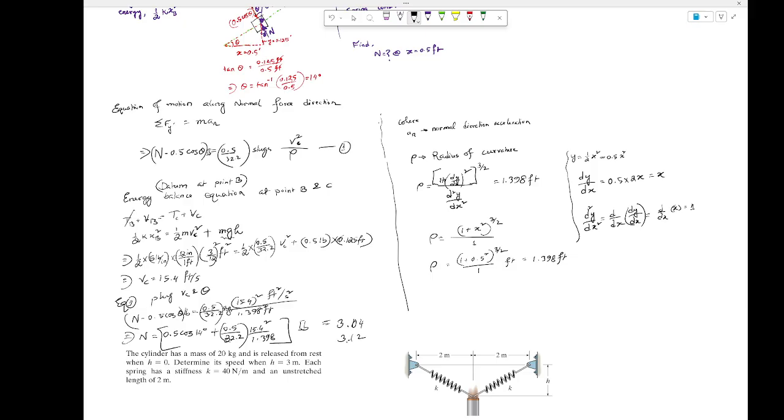Anybody else? I got 2.11. 2.11 is not correct. It should be that one. Anything else? I got 3.1. 3.12. That sounds correct to me. Aline, you have to check the calculation one more time because I have 3.08. So it should be a little bit on the other side.